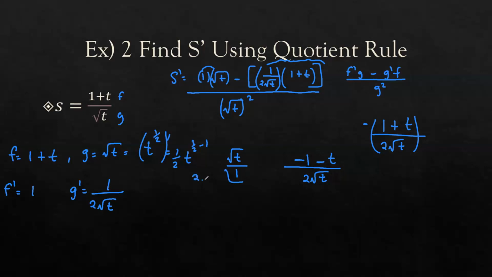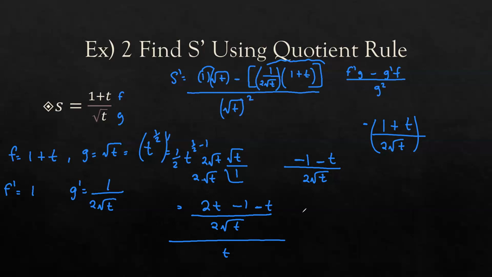You multiply the left side by 2 radical t. So 2 radical t times radical t, the t's just become t, that's 2t, and then you have a minus 1 and a minus t. On the bottom, it's 2 radical t. Keep in mind, this is just for the numerator. We're going to have a complex fraction, so it's still all over radical t squared, which is just t. Let's simplify this as much as we can.